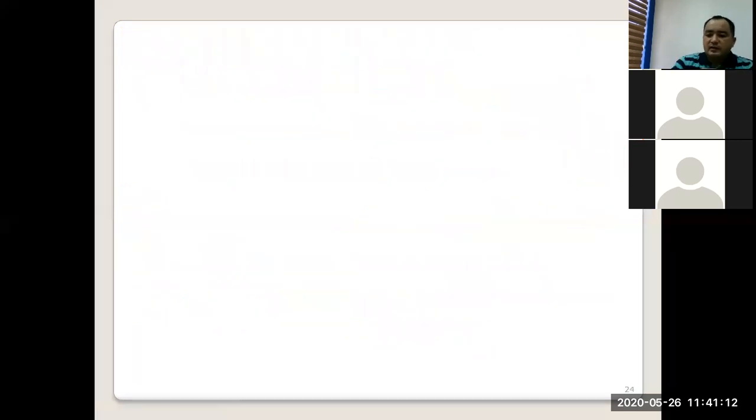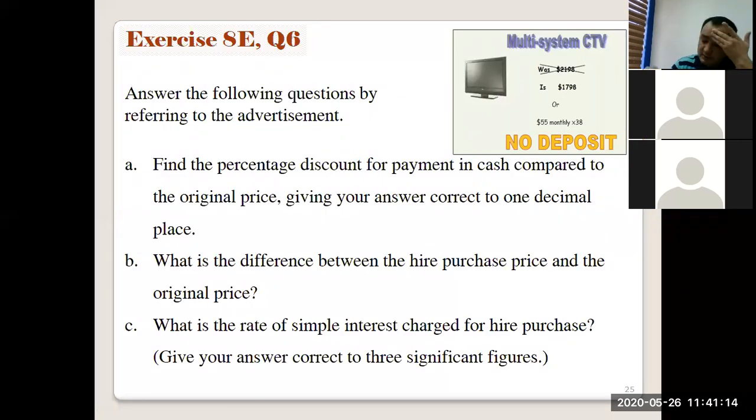All right, guys, let's do another example. That is the last example about hire purchase, and we will talk about money exchange. That's all for today. Another example is from exercise 8E, question 6, multi-system CCTV. It says that it was $2,198, but now it is $1,798.